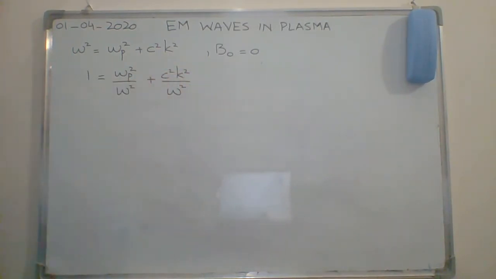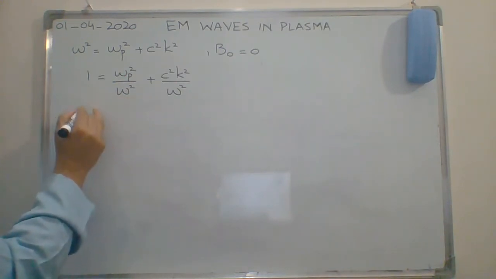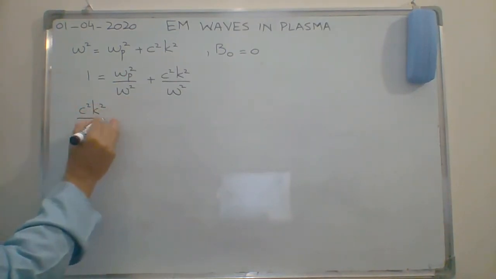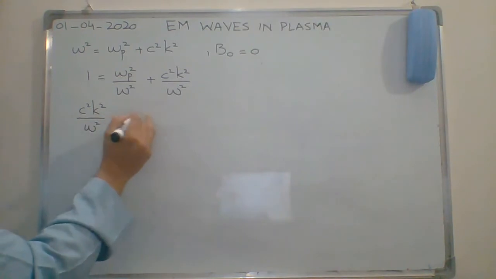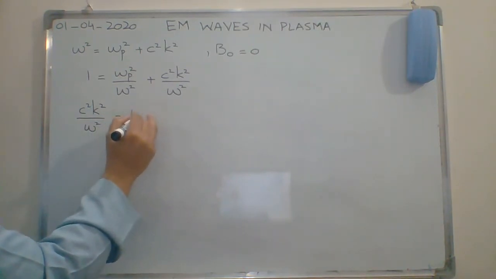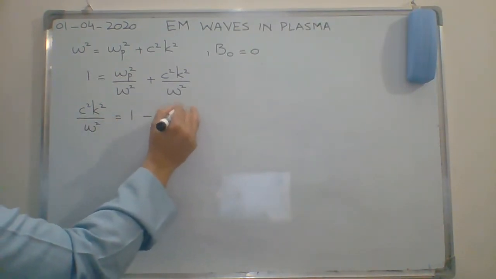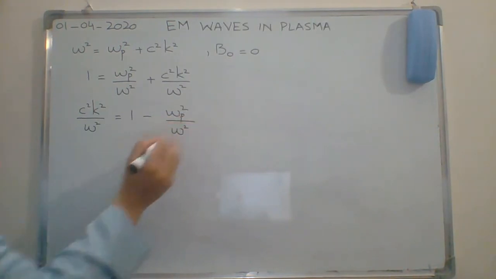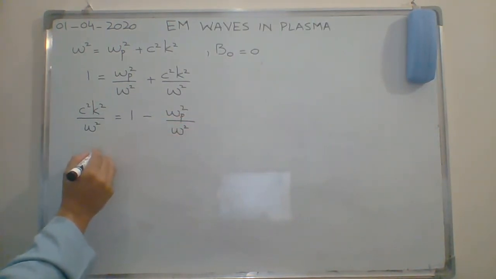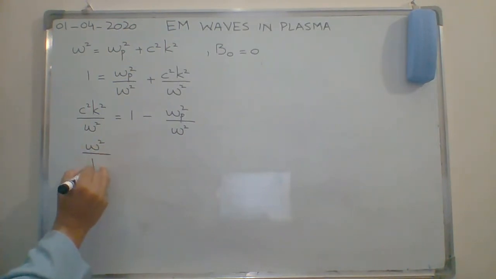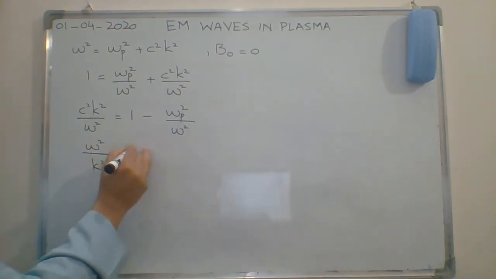If I make a slight readjustment of these terms, now I can write it in this form: omega square over k square.